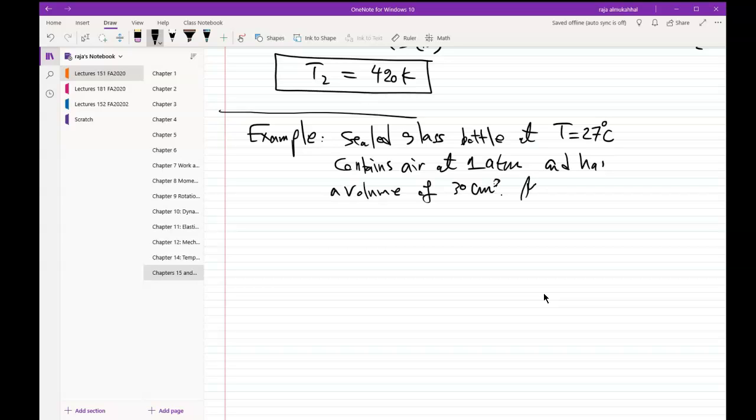Okay, now the bottle is tossed into open fire. Okay.